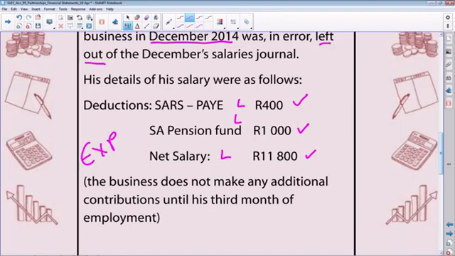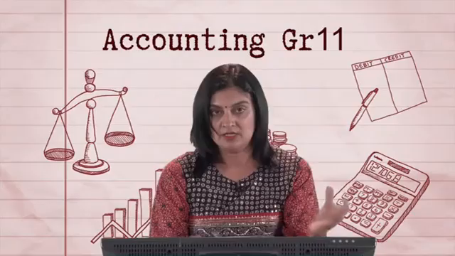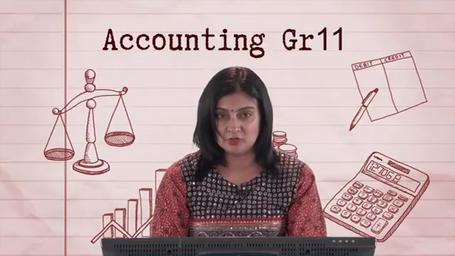So they are obviously not giving me my gross salary. Remember, gross salary is your expense. They've only given me liabilities. I now need to calculate what is my gross salary. By calculating gross salary, I now have my expense and I can use this in my net profit calculation.